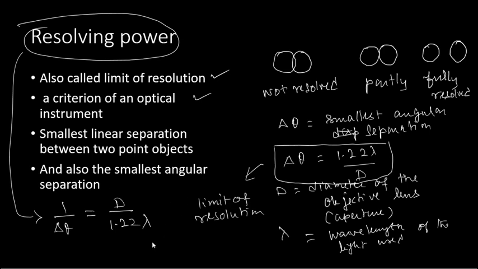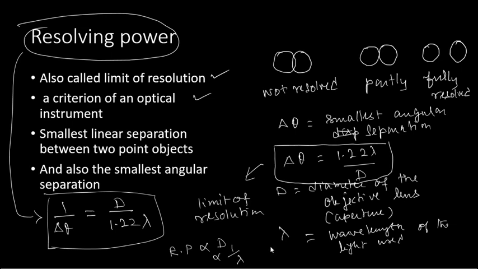Larger the aperture and smaller the wavelength, greater will be the resolving power. From this equation, 1 by delta theta is the resolving power, which is directly proportional to the aperture and inversely proportional to the wavelength of the light used.